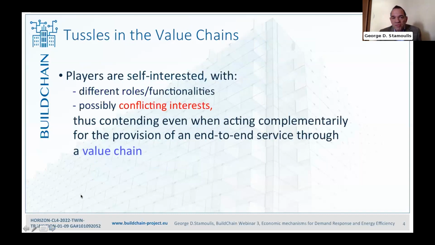So all of these players are self-interested, and they have to collaborate in order for the provision of an end-to-end service.